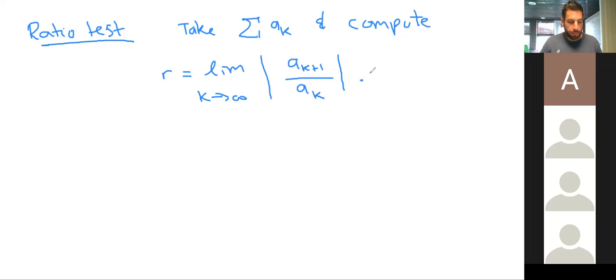Now there are 3 options for this limit. The first option is that this limit is less than 1. So if this limit is 0 or less than 1, the series converges.